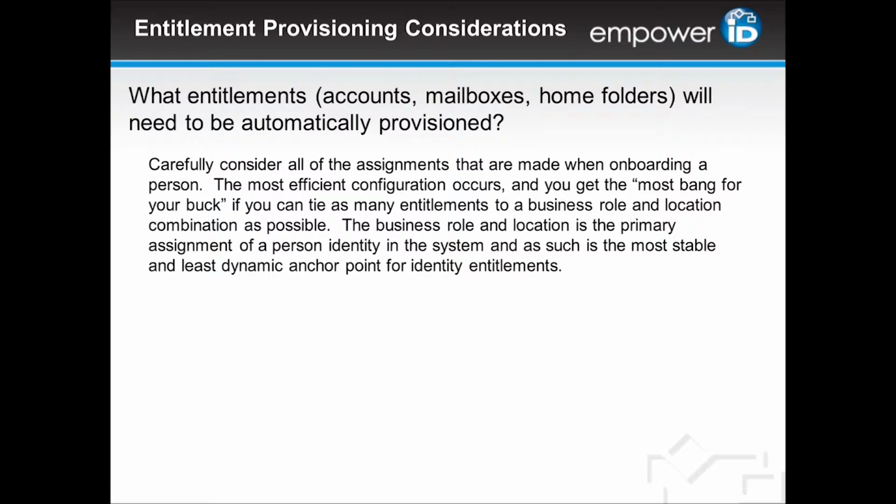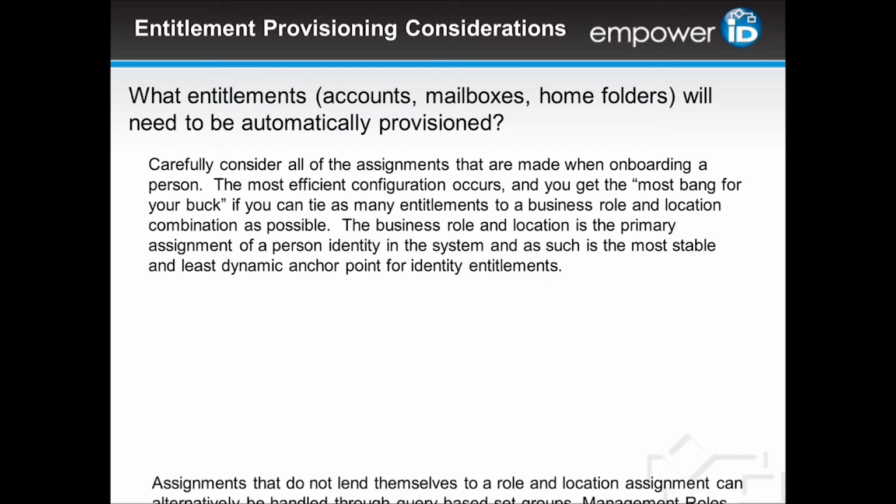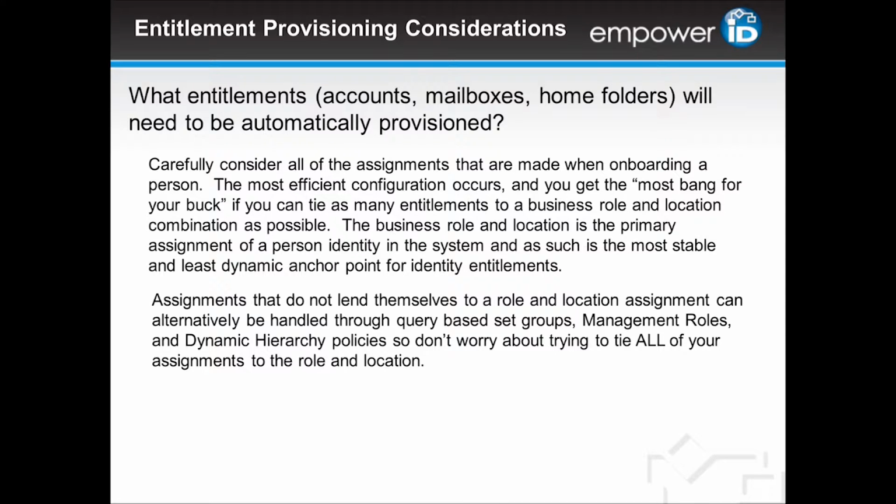So the more things we can tie to that role and location architecture, the easier it will make our lives. Assignments that don't lend themselves to a role and location assignment can still alternatively be handled through query-based set groups, management roles, and dynamic hierarchy policies. So in the big picture, don't worry about trying to tie all of your assignments to the role and location. Just try to capture as many as possible, but understand we still have other ways of making those assignments.